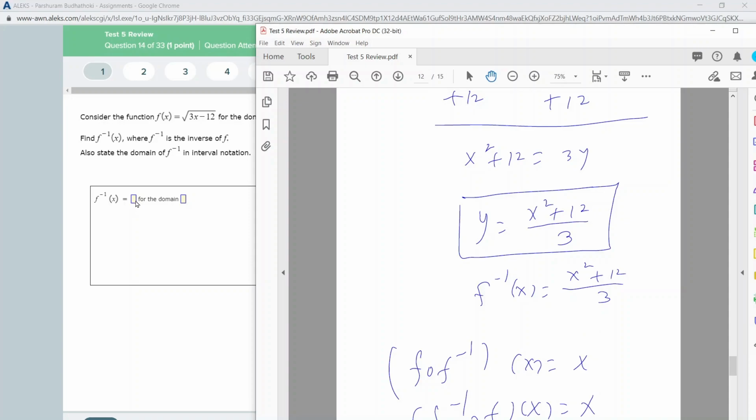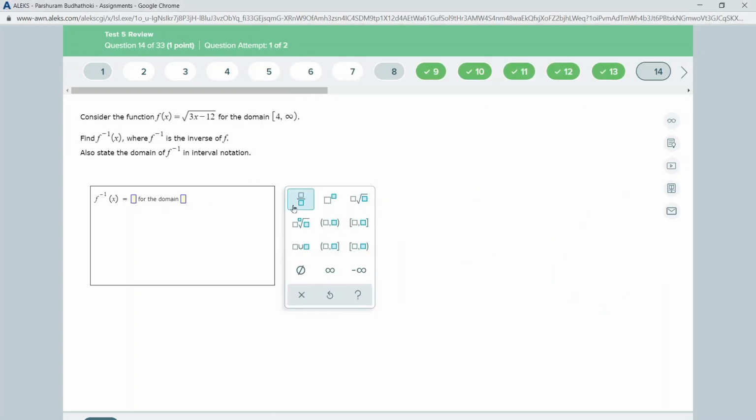So f inverse of x is (x squared plus 12) divided by 3, and then the domain is all real numbers starting from 0 to positive infinity.